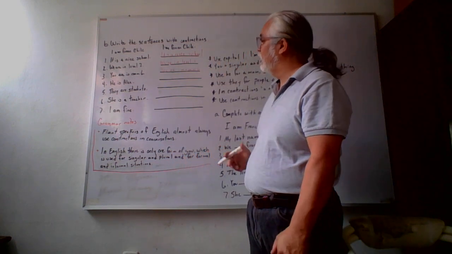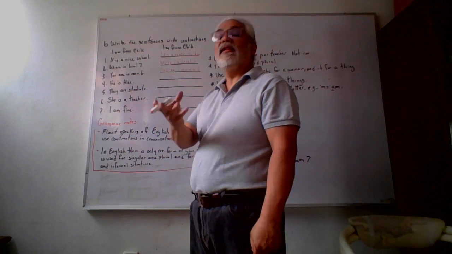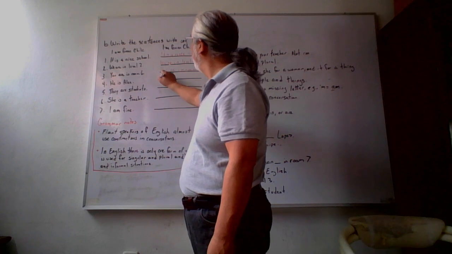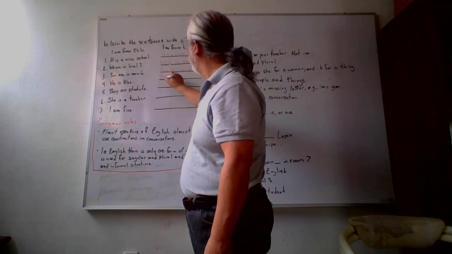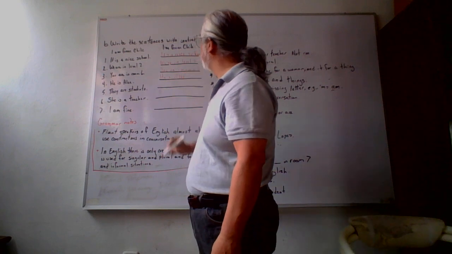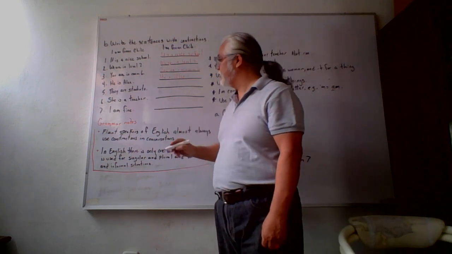Good? He is Alex. We're going to take the letter away from the verb to be and say he's Alex. Number 5, they are students.